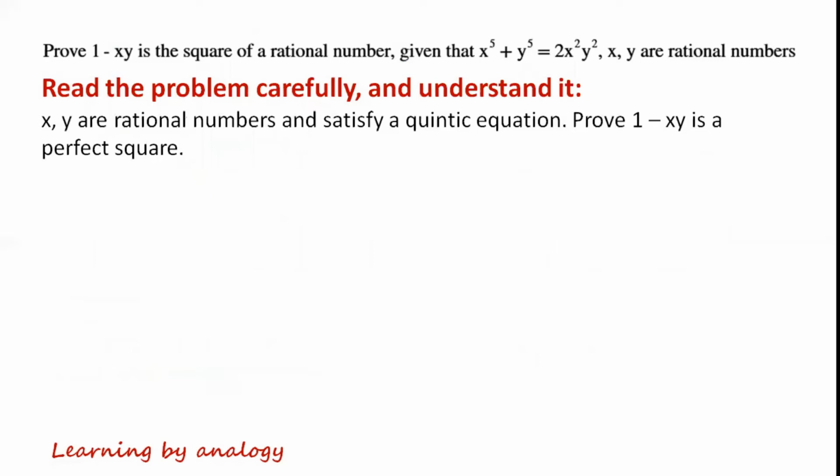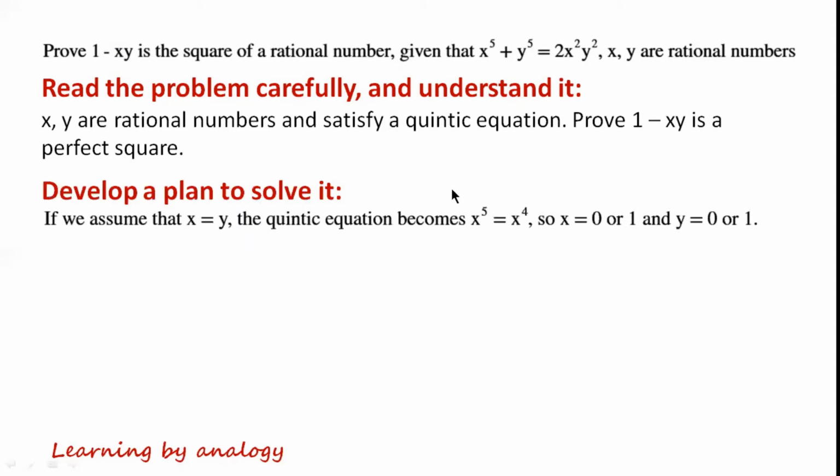x, y are rational numbers and satisfy a quintic equation. Proof. 1 minus xy is a perfect square.